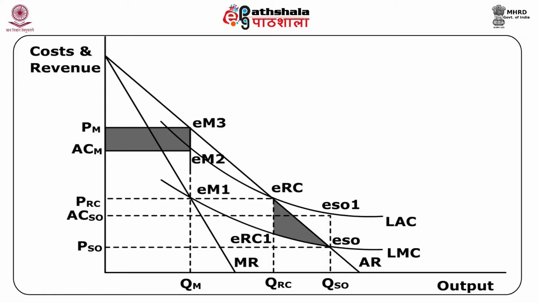The public utility would therefore not supply the social optimum output equal to QS0 unless it is provided with subsidies to cover its losses. In general, regulatory commissions allow public utilities to charge prices that cover their average costs so as to allow them to break even in the long run.